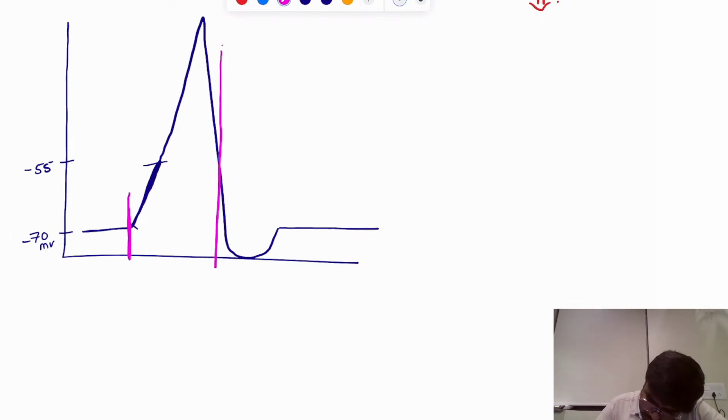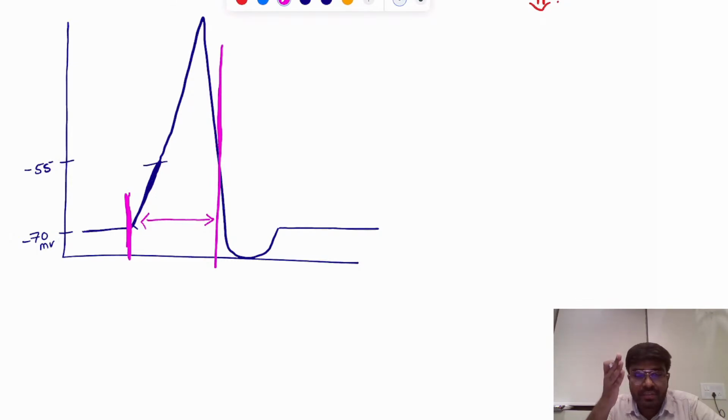This period which I am showing you, from where to where? From the starting of the action potential, the starting of phase 1, till one third of the repolarization.